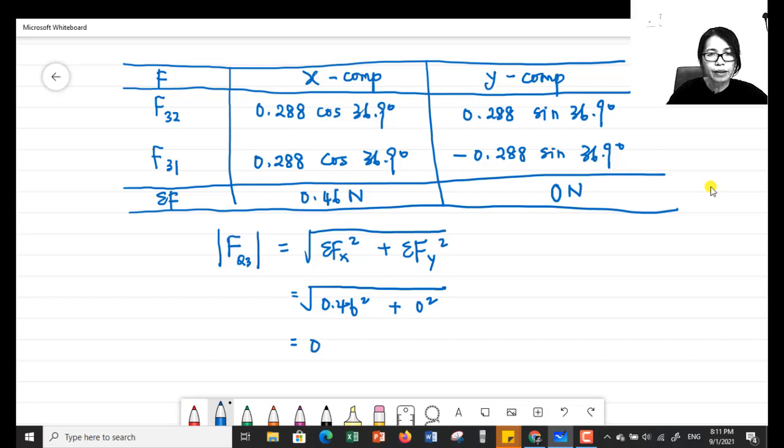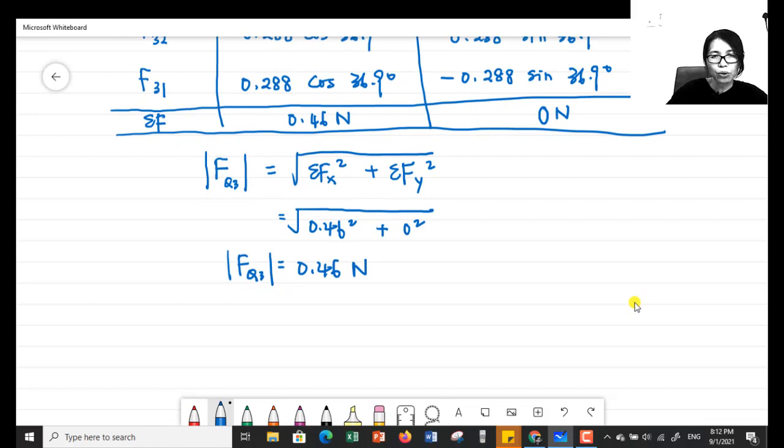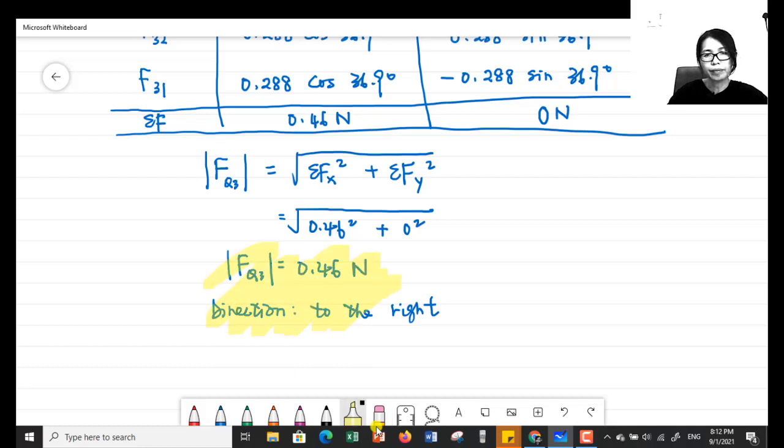So we still get 0.46 Newton. You will notice that the net electric force acting on charge Q3 is only along the horizontal component, so the direction, since it's positive, will be to the right. Okay, so this one will be our answer.